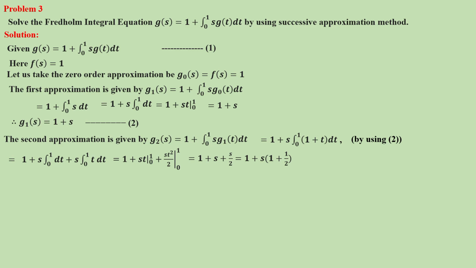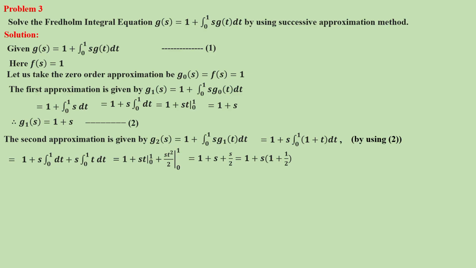Substituting upper and lower limits, whenever you substitute the lower limit, the value is 0, so we get the value only from the upper limit, right? So 1 plus s by 2, that is equal to 1 plus s into, taking s common, 1 plus 1 by 2. Keeping 1 plus 1 by 2 as it is, then only we can easily conclude the next term.